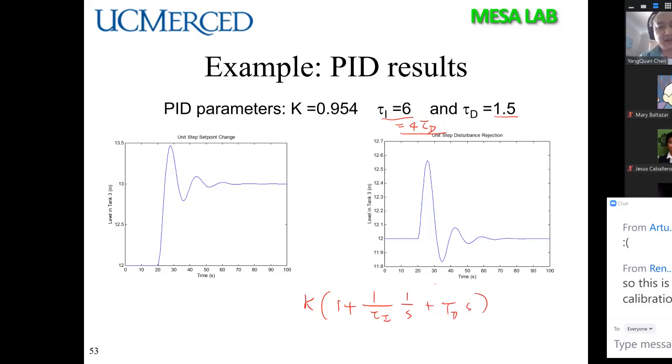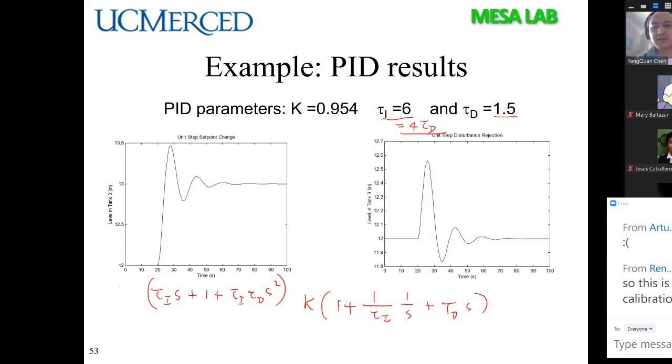So if I write it, it's tau I s plus 1 plus tau I tau d s square, right?